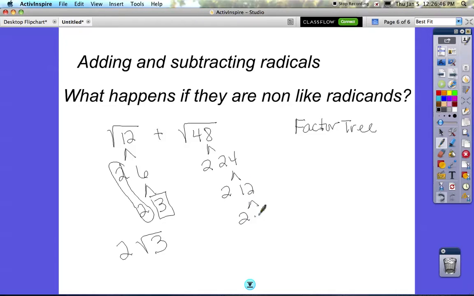Stick with 2. 2 and 6, stick with 2, 2 and 3. Okay? Now this could really be crazy if you didn't have it nice and neat, but if you want to factor tree it another way, that's okay, but just be sure you don't miss any of the ends of your branches.